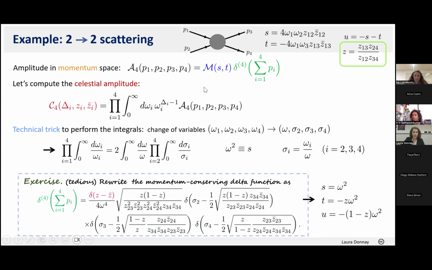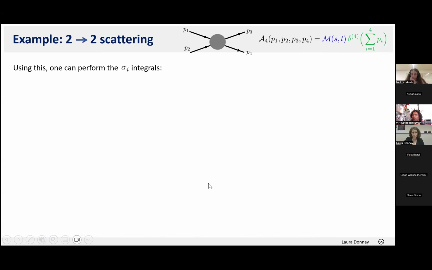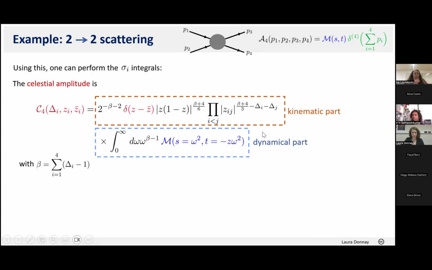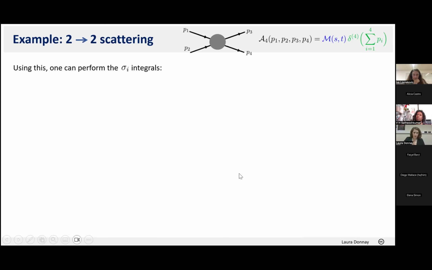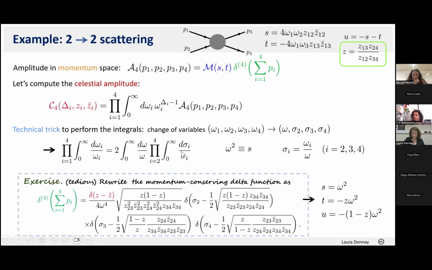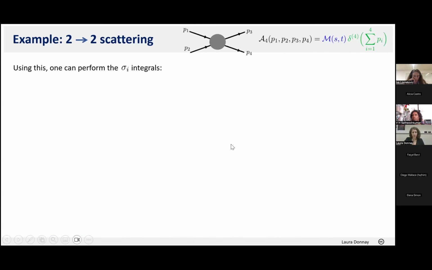So now, using this, you can do the integrals over the sigma i's, and the result you are going to get is the following. Let me first stress that I'm performing the three integrals here over the sigma i's. So these integrals will disappear, but there will remain this integral over omega, over the center of mass.